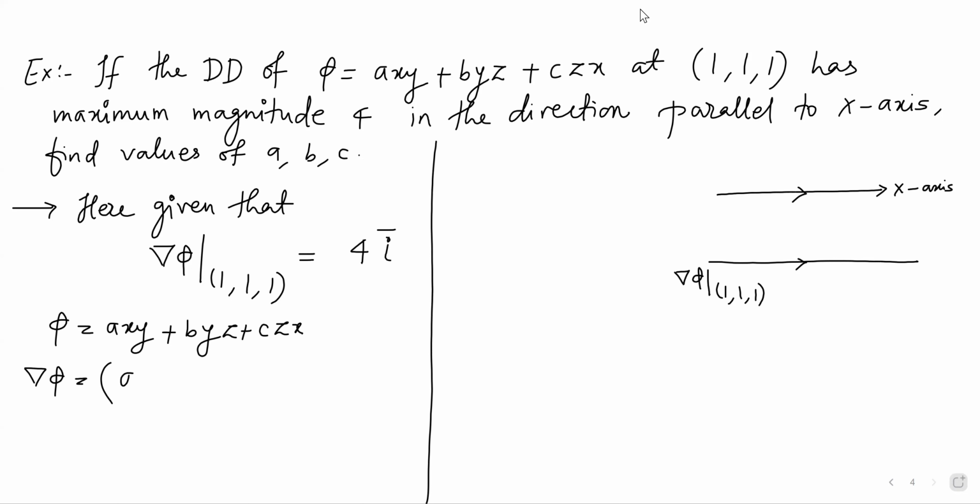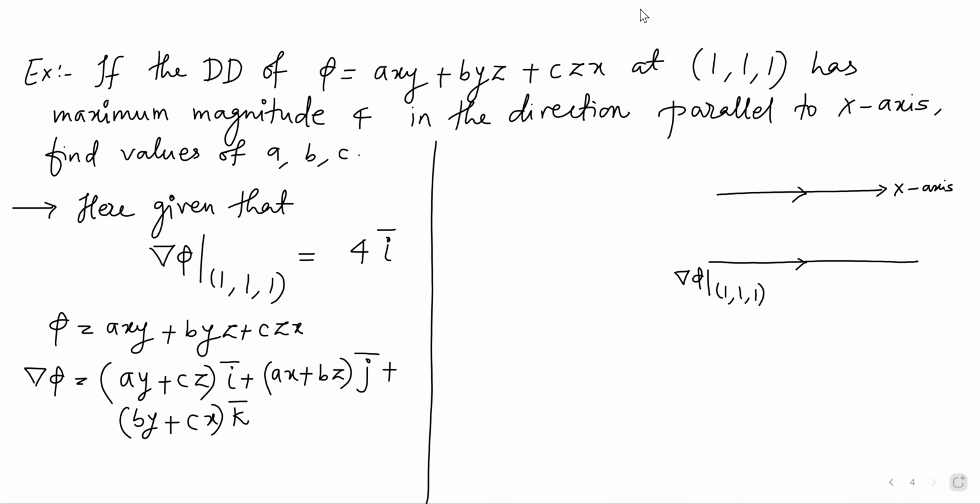That value is ay plus cz times i bar. Then take the derivative with respect to y. Y is also involved in two expressions here, so it is ax plus bz times j bar. And then take the derivative with respect to z. It is also involved in 2, so bx plus cx times k bar.